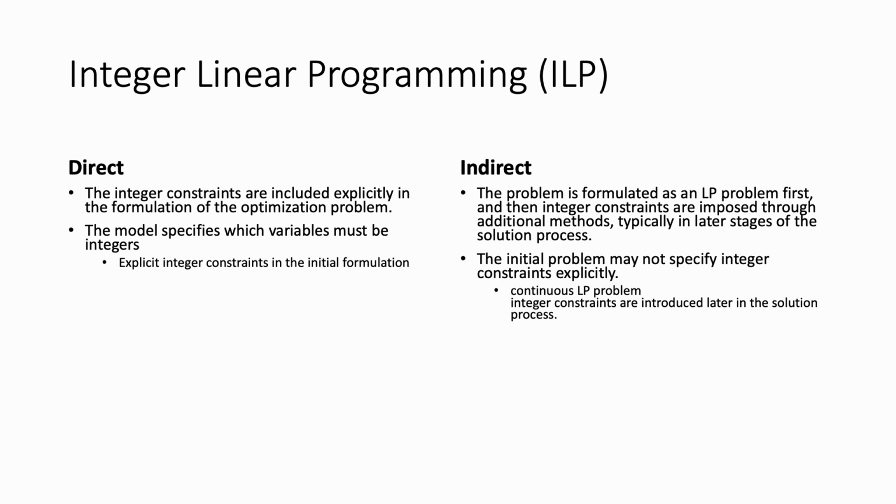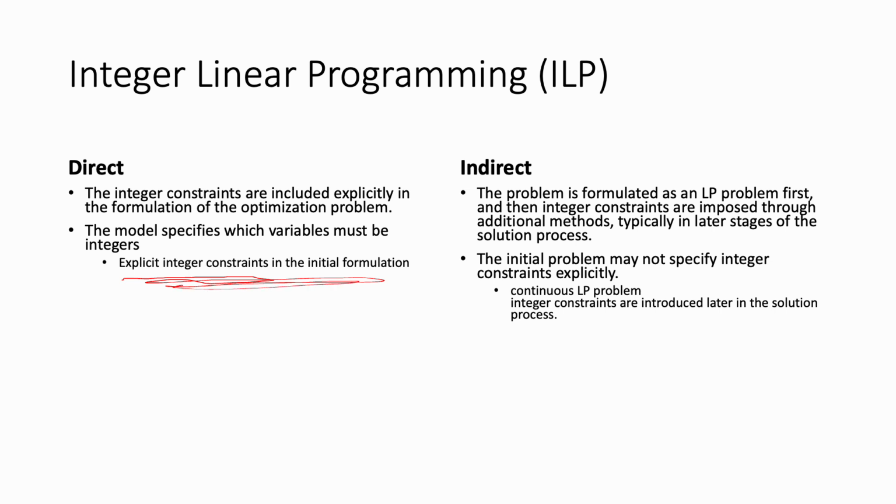So in the direct approach, the model specifies which variables must be integers. Explicit integer constraints are already declared at the start of the problem.